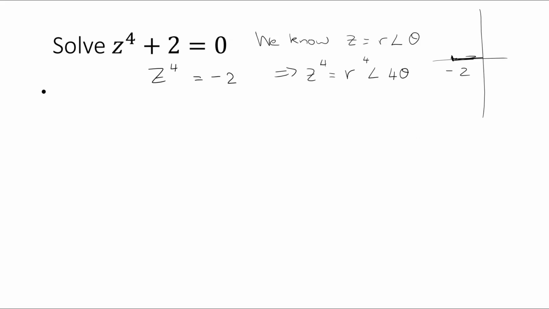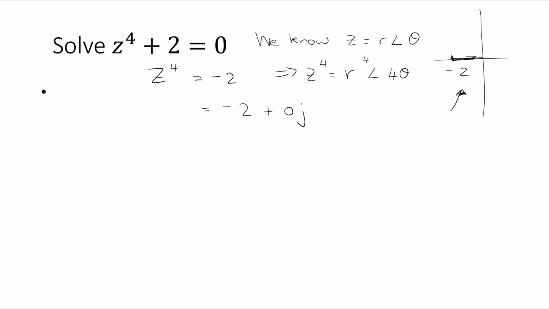Now, if we were going to write this out as a complex number, it would have been equal to -2 plus 0j. So that's what we've got there.